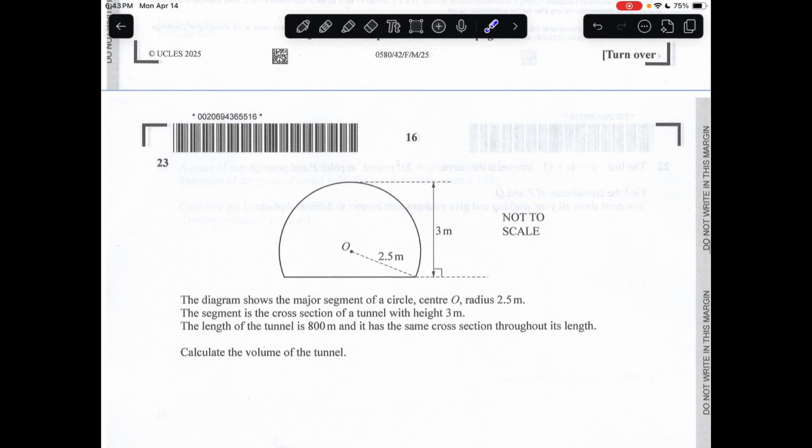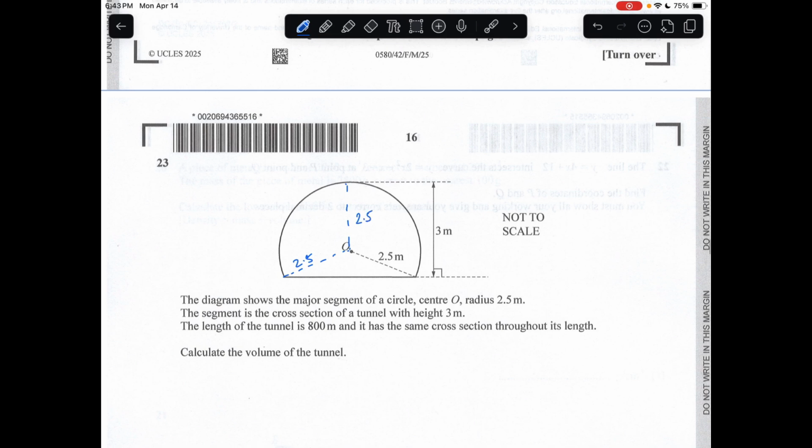Alright, so I can see that there is a major segment. I'm going to think how I'm going to calculate the area of this base, because the volume is going to be base area times the length. I know that the radius is 2.5, so here also it's going to be 2.5, here also 2.5.